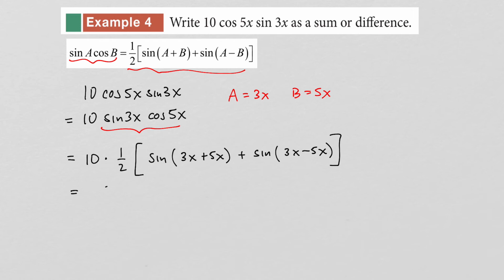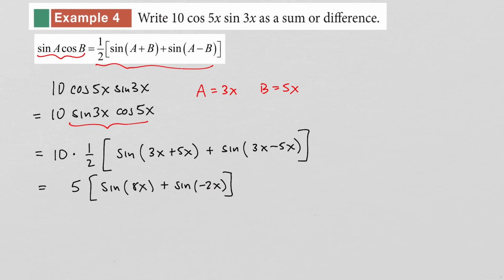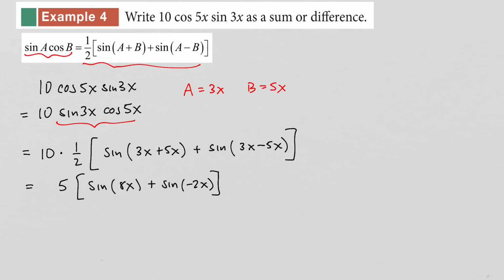And now we just need to simplify. Well, 10 times 1/2 is 5. And inside the brackets here, we have sine of 8x plus the sine of negative 2x. Now, we should never have a negative inside of a trig function because we know that all trig functions are either odd or even.